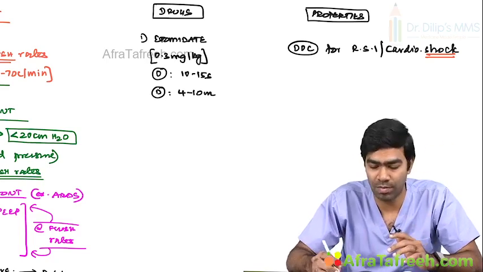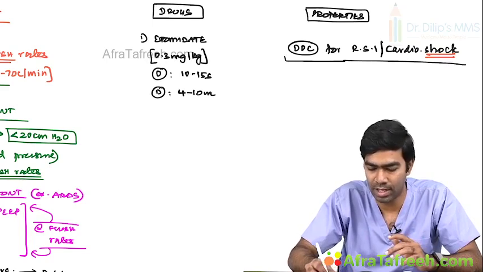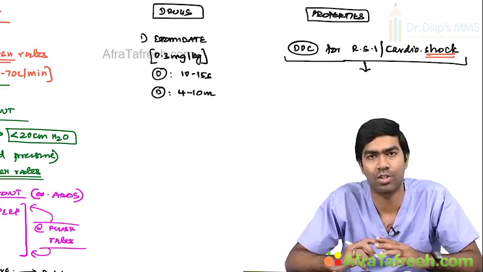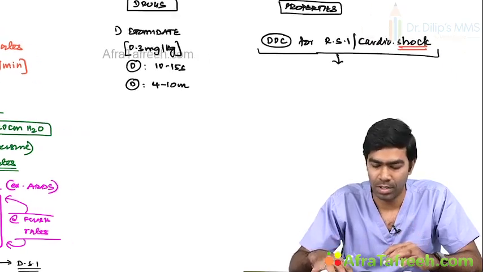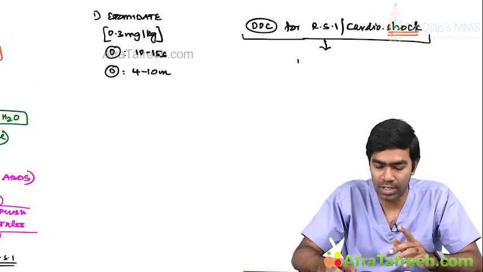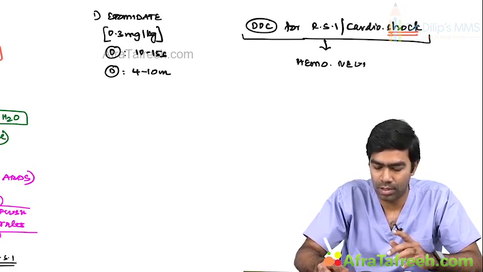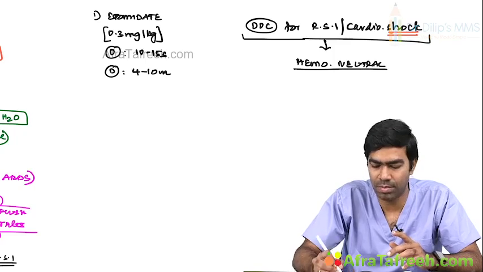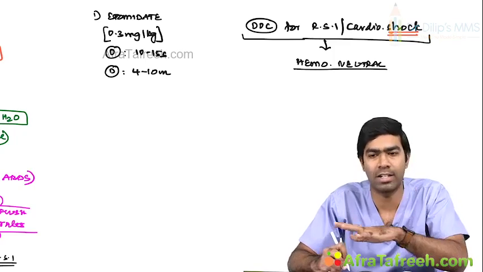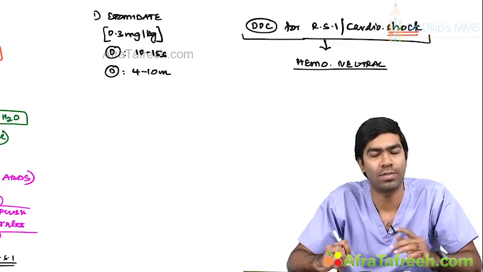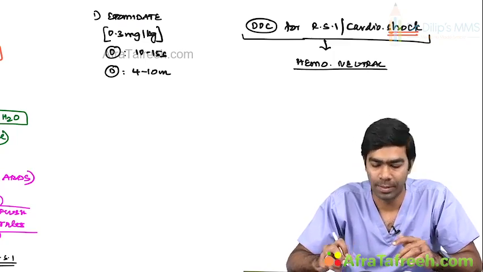One reason why we prefer etomidate in RSI and in patients with cardiogenic shock is that etomidate is hemodynamically neutral. It doesn't cause any increase or decrease in BP. It doesn't cause any increase or decrease in the heart rate. It's completely hemodynamically neutral. That's why we prefer this drug in these scenarios.